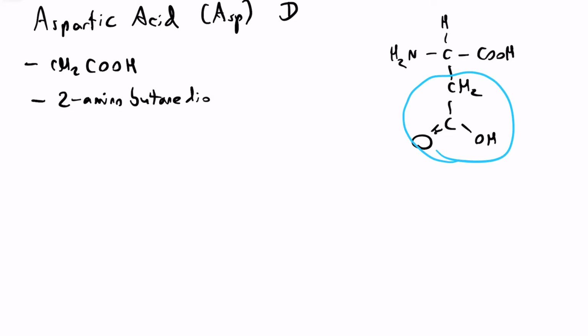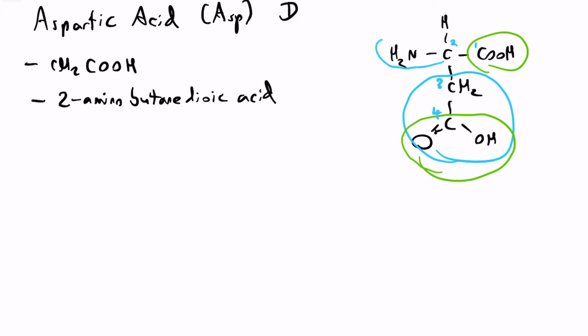Why is this? Well, if we look at the structure here, we've got two carboxylic acid groups, and we can start with either of them, it doesn't really matter. We've got one here, 1, 2, 3, and 4, and then on the second carbon we've got an amine group, hence the name 2-amino butane dioic acid.